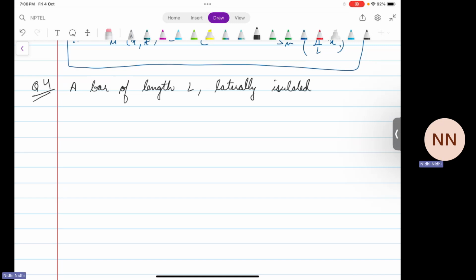Insulated at its ends A and B and kept at 0 degrees Celsius and gamma degrees Celsius respectively.